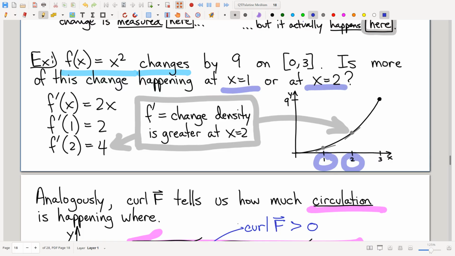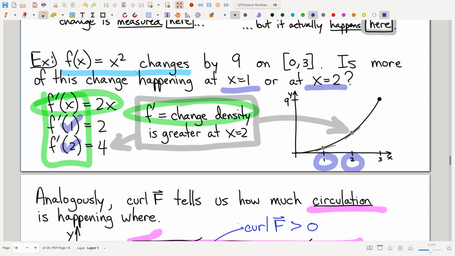And the density, f prime, you can plug in these 2 points, 1 and 2, and just see where the density is bigger. Well, the density is bigger at 2, apparently. So there's more change happening here because there's more change density here.